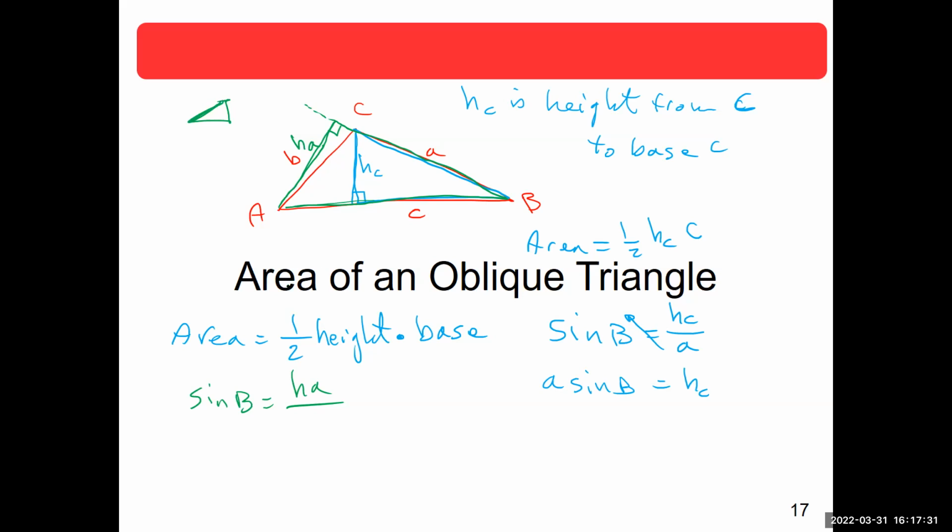Where is the hypotenuse here? It's always facing the 90 degrees. Whatever is facing 90 degrees is the hypotenuse. Exactly, it's just C. Whatever is facing 90 degrees is the hypotenuse. So maybe that's one way to remember it. Then HA equals C sine of B.